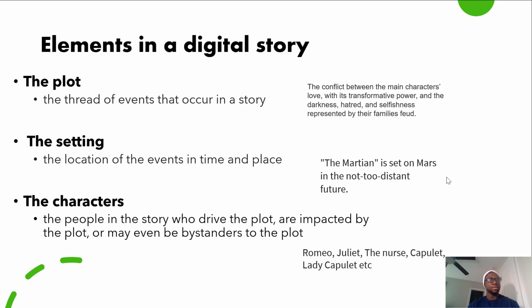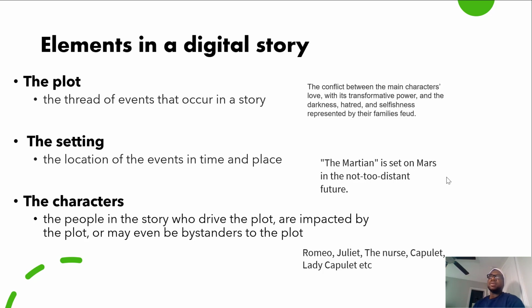You have plot A when some set of characters come out and perform, and then some characters come out in plot B, or plot 2, and perform. So this is the sequence of events that happen in a story.